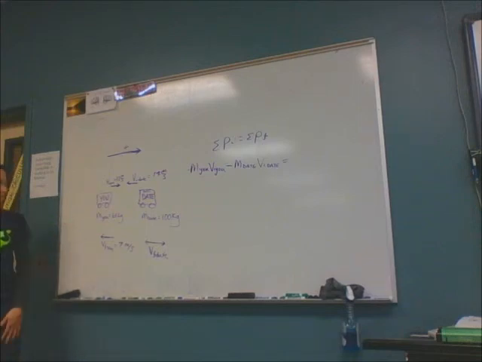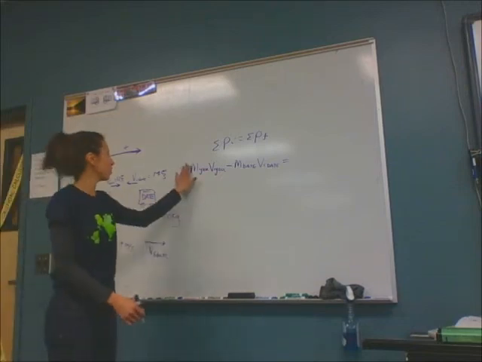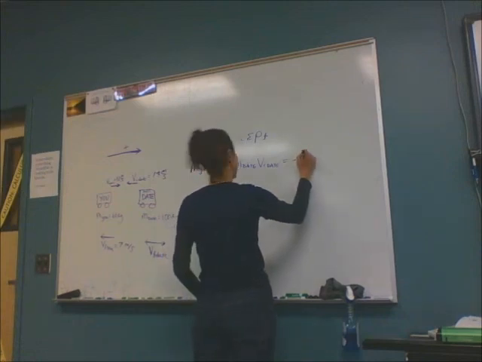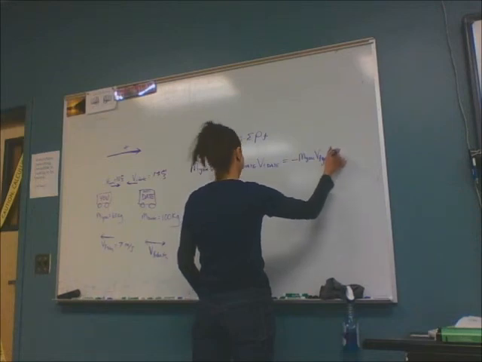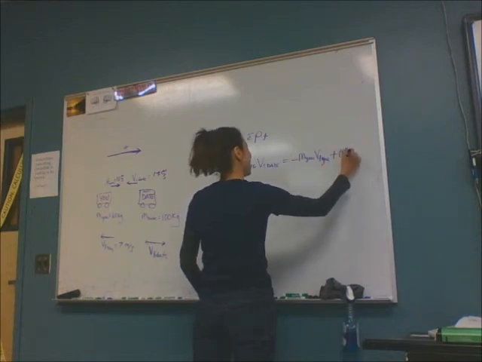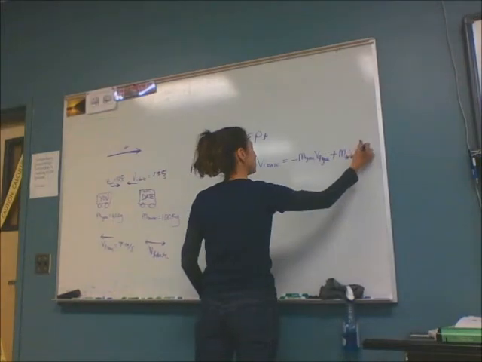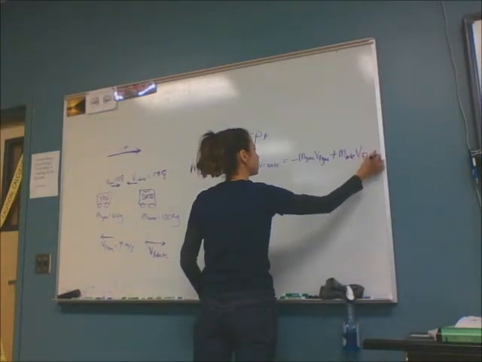Now we have all these numbers. So 60 times 12 minus 100 times 14 equals negative 60 times 7 plus 100 times VF.